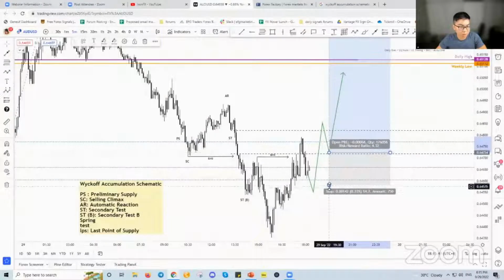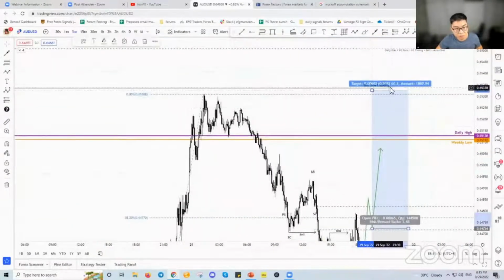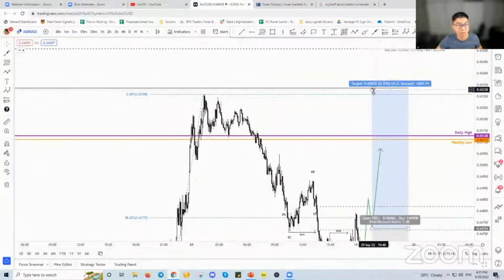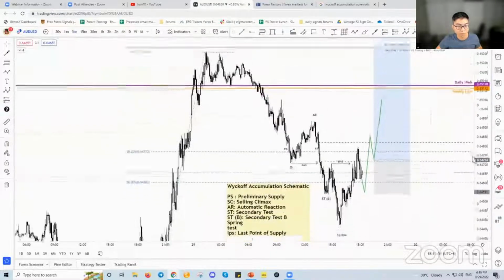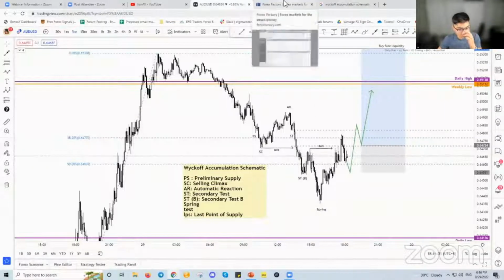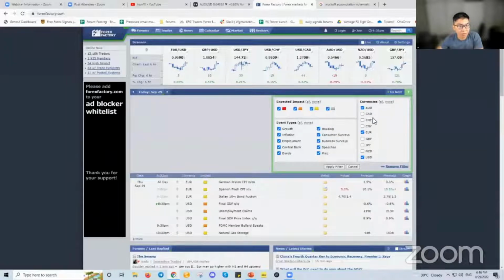So it's possible the stop loss below, and I'm actually still looking for the top buy side liquidity, as I mentioned earlier, to be cleared. So this is a live trading idea that I'm looking at. It's on the Aussie dollar. Why I'm looking at the Aussie dollar? Let me show you guys one more time. Filter it out.